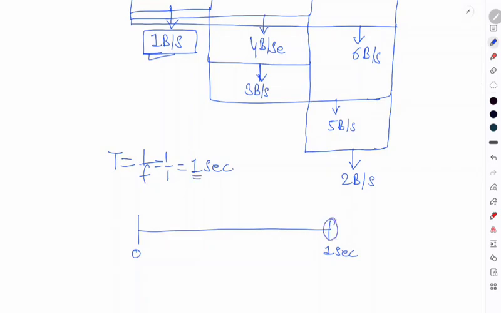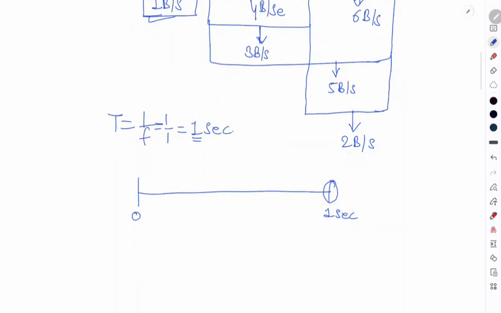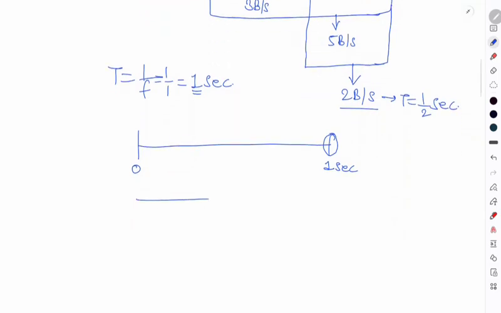For 2 beats per second, the time period is 1 by 2 second. It means every 1 by 2 second we will hear maxima, at 1 by 2 second and at 2 by 2 second we will hear maximum sound.